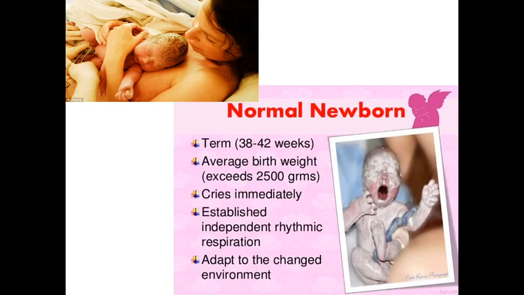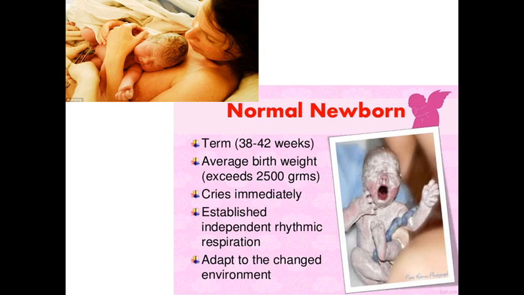Now these are the features of a normal newborn. We call it a normal newborn baby if the baby is delivered between 37 completed weeks and 42 weeks. On average, a healthy newborn baby will weigh 2,500 grams or 2.5 kilograms, and soon after the delivery the baby will cry.